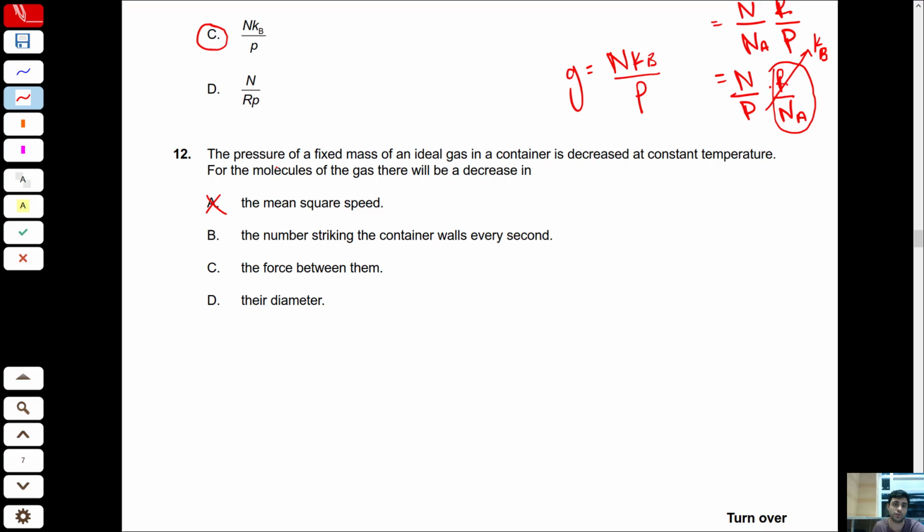So gas pressure is due to the frequency of the gas particles colliding against the wall of the container. So definitely the number striking the container walls every second will decrease, because the pressure has dropped, so it's going to be B. You can just ignore C and D. The diameter doesn't change, and the magnitude of the force also doesn't change, so it has to be B.